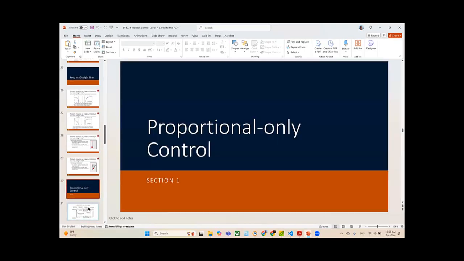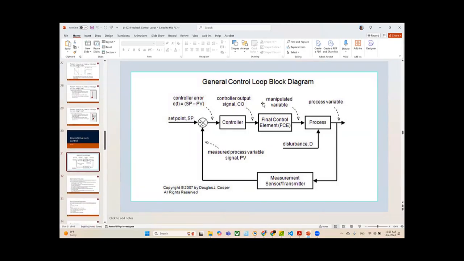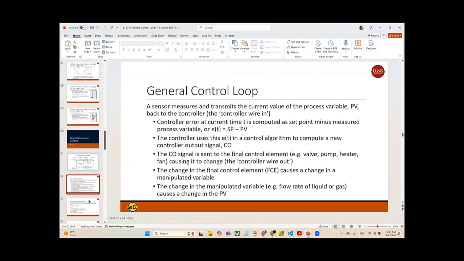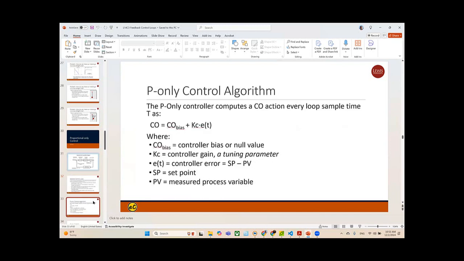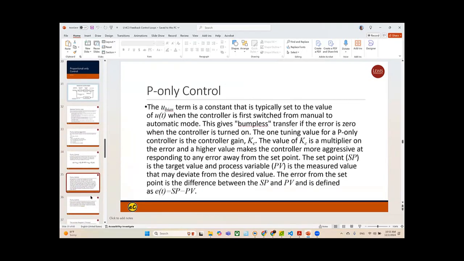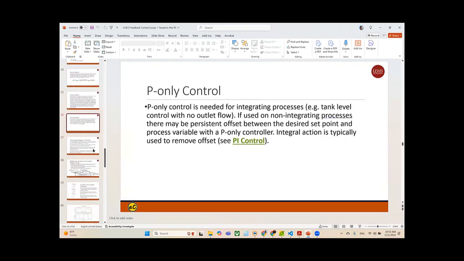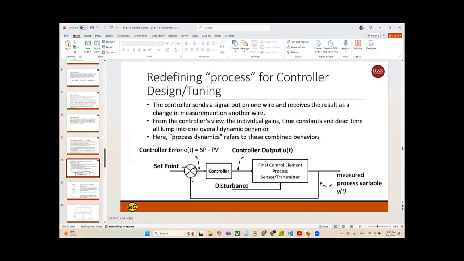Next is proportional-only control. We talk about the proportional-only control loop. There are tons of parameters. Again, you can set up this controller and do simulation to figure out whether your system will perform well or not. This is the part where computer science can help.